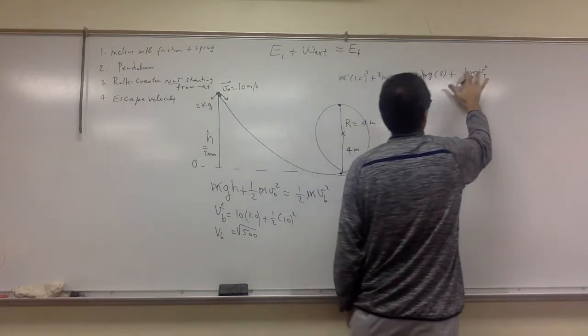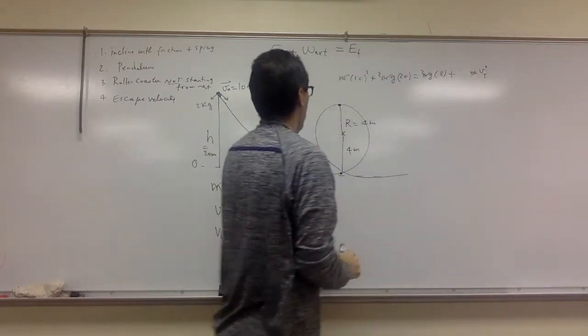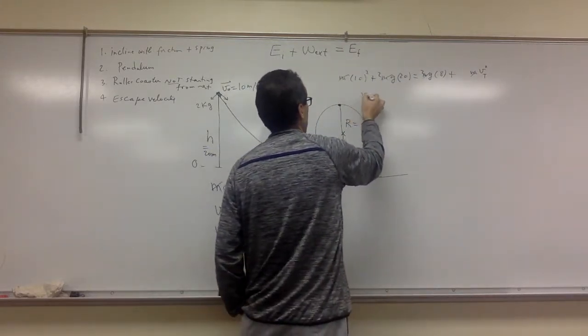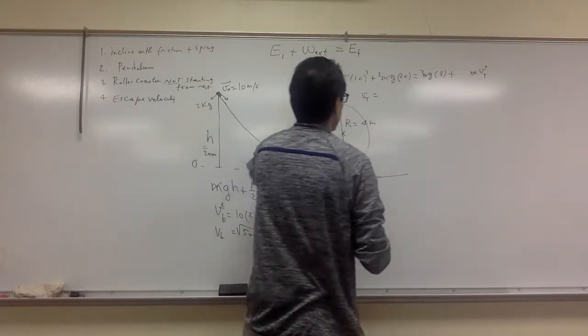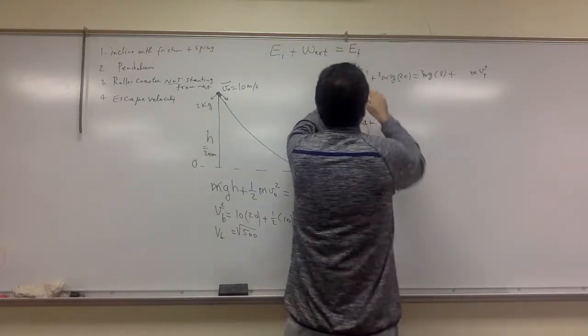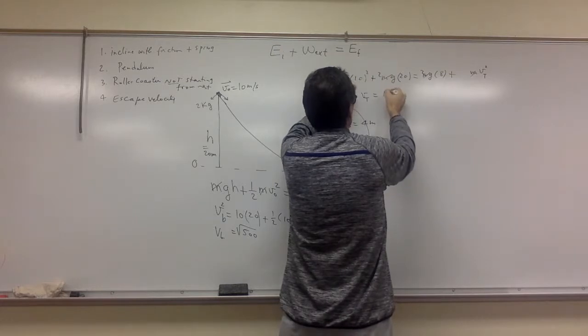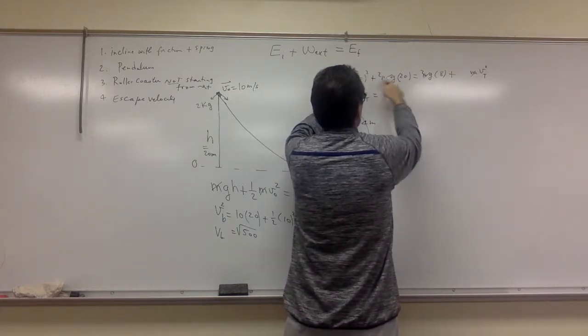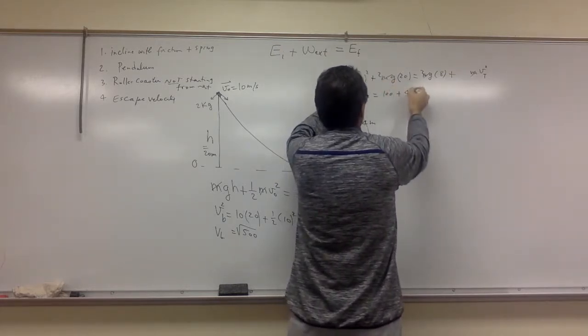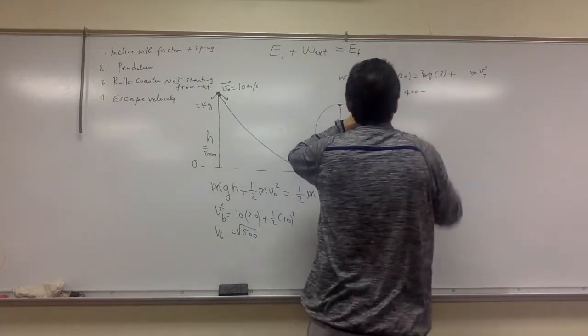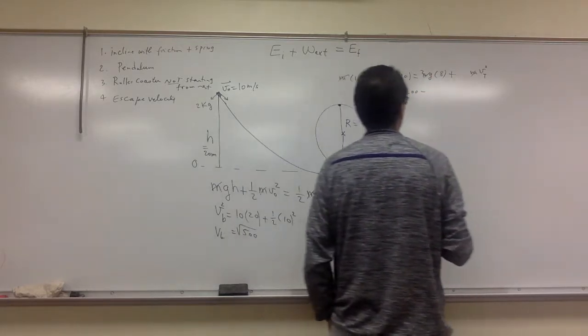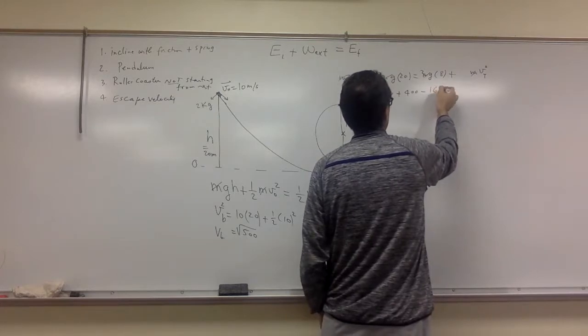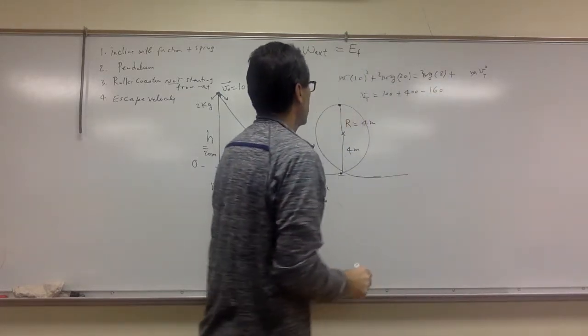You can do whatever you want when it comes to the algebra at this point. So vT squared equals 100 plus 20 times 20, that's 400, minus this amount here, which is 160.